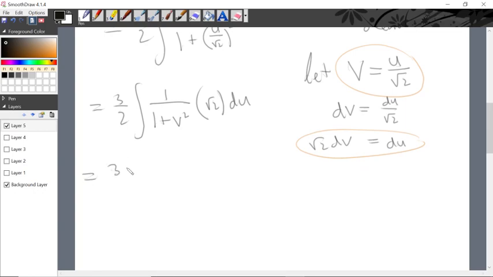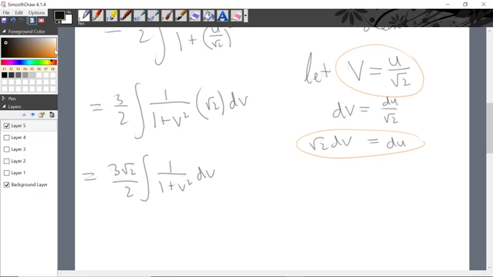So I'm going to take out that square root of 2. So 3 root 2 over 2. Sorry, back here again, du is replaced by the square root of 2 dv. Okay, go back and fix that. So we have 3 root 2 over 2, 1 over 1 plus v squared dv.